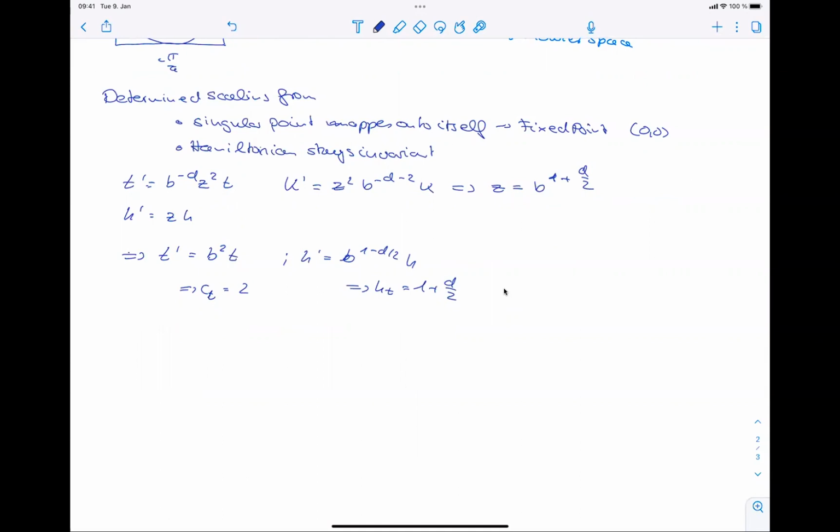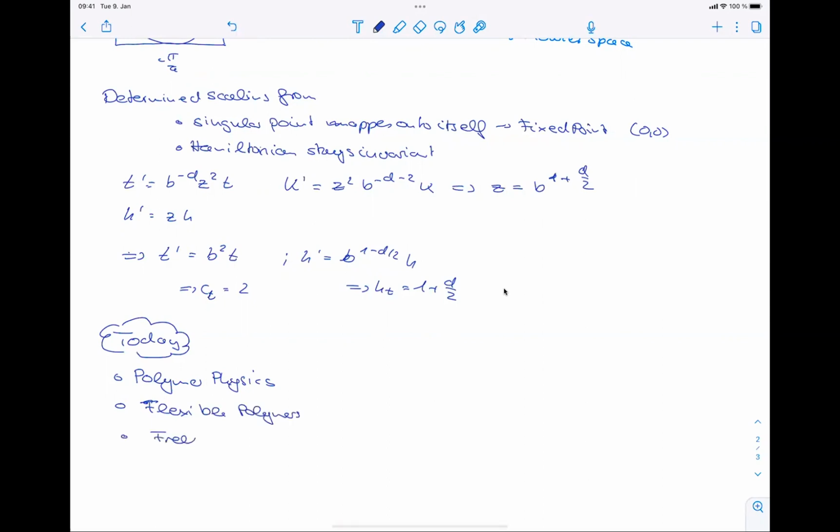Namely, today we're going to delve into polymer physics, and in particular look at flexible polymers and the freely jointed chain model.